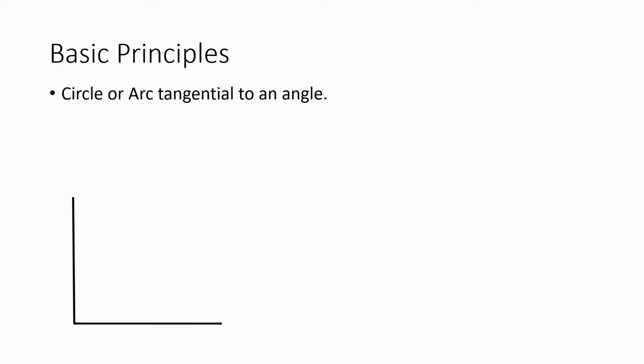Now let's see if we could duplicate that for an angle. So circle or arc tangential to an angle. We learned that if we offset the radius, it will give us a circle touching that line. So if we do it for each of those lines in the angle, then we will get a circle touching both lines.